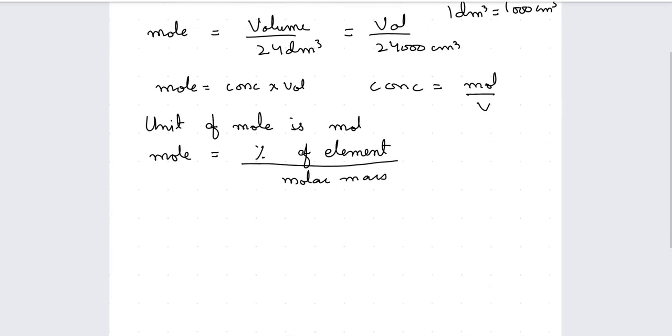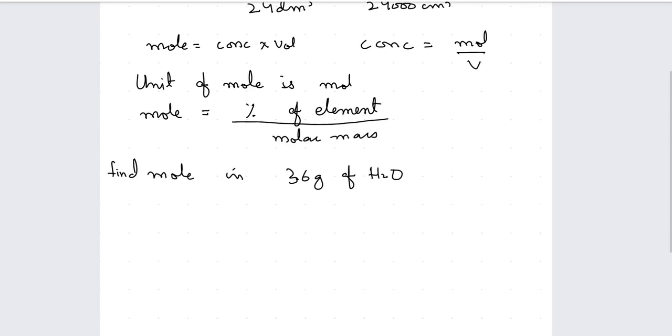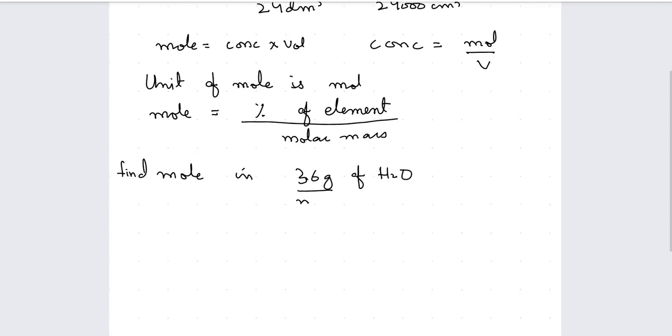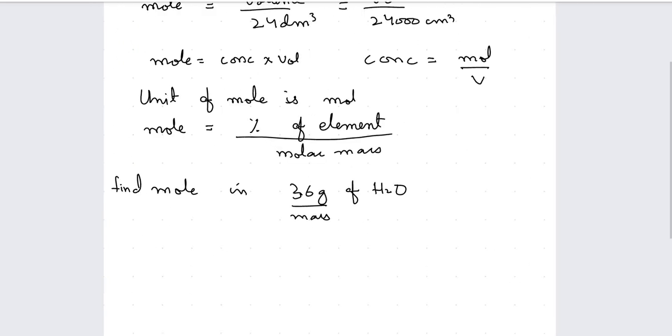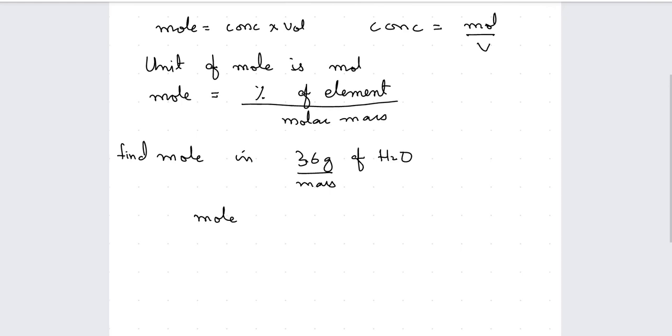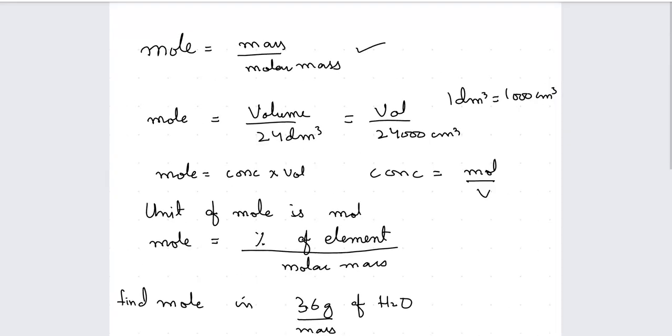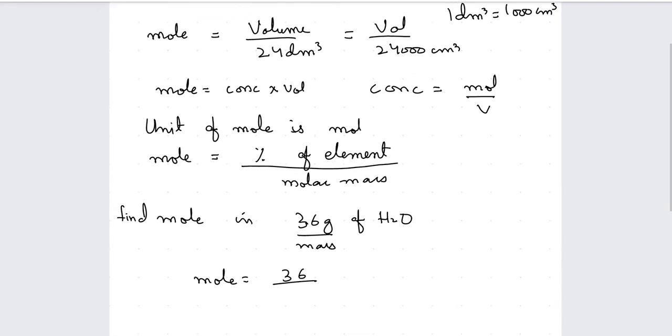Now for example, if the question is to find the mole in 36 gram of H2O, the mass is given, so you need to use this formula. Mole is equal to mass, 36 gram, and you need another thing, that is molar mass. So how to find the molar mass?